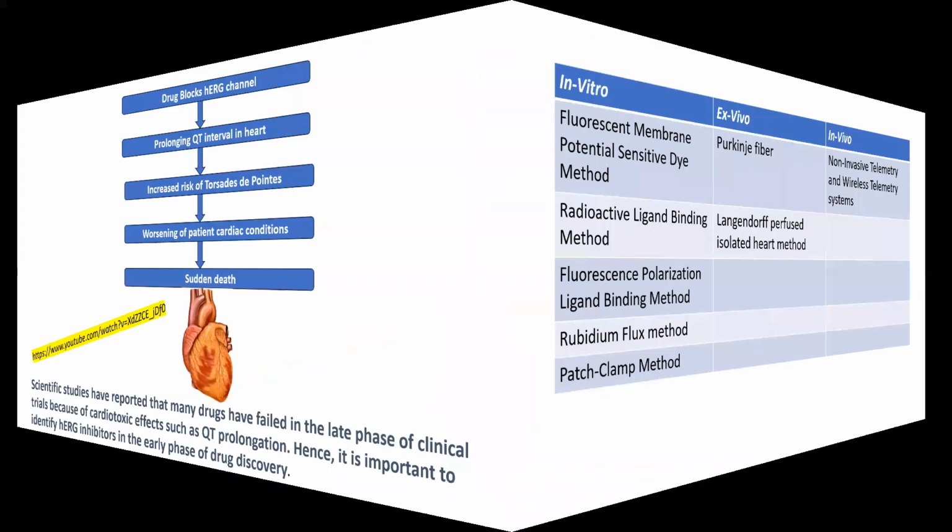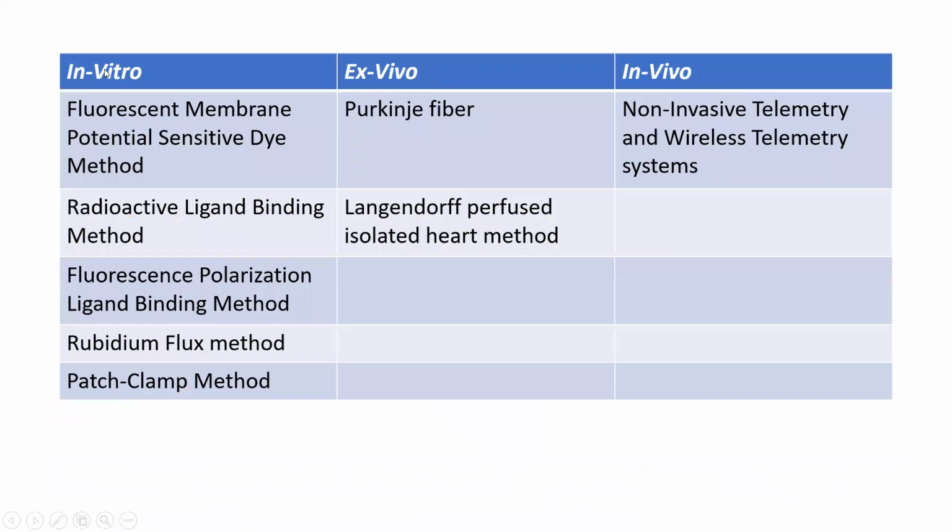So let's see the methods. The methods are divided into three parts. First is the in vitro methods. Under that, there is the fluorescent membrane potential sensitive dye method, then the radioactive ligand binding method, then the fluorescence polarization ligand binding method, then the rubidium flux method, and the patch clamp method.